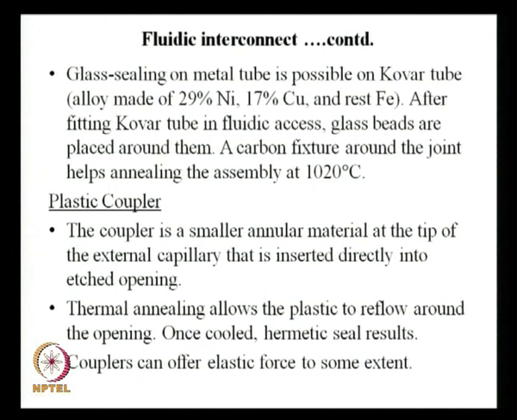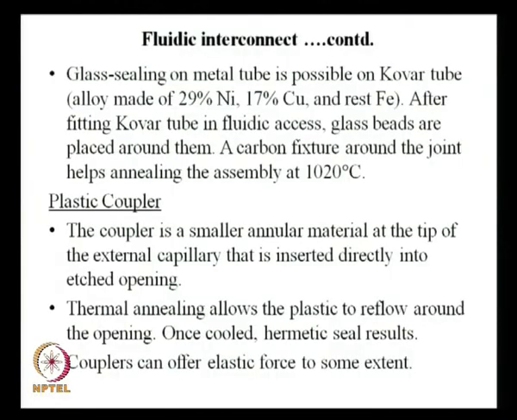However, when you have a metal tube, that means we are working at higher pressure, or with certain materials or temperatures for which a metal tube would be necessary. If you have to use a metal tube, then a common material that is used is called Kovar tube. It is an alloy of nickel, cobalt and iron.